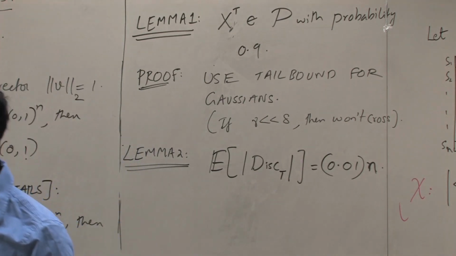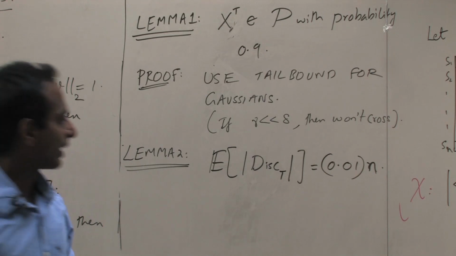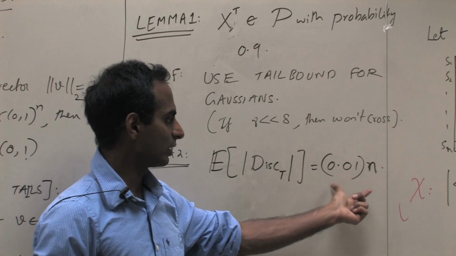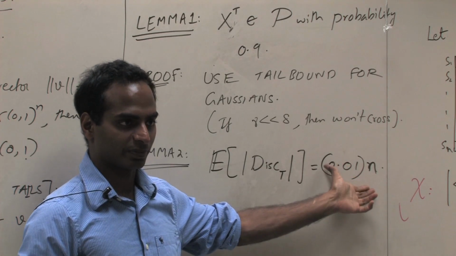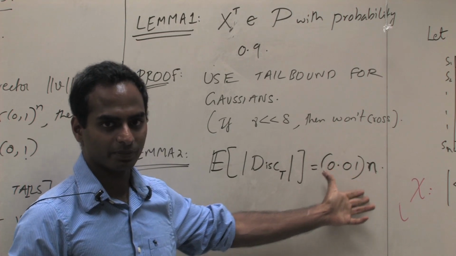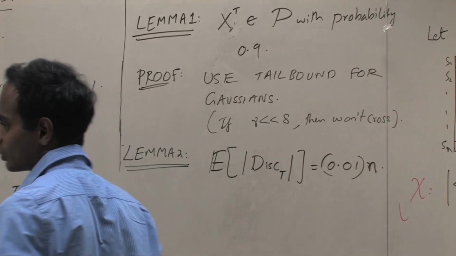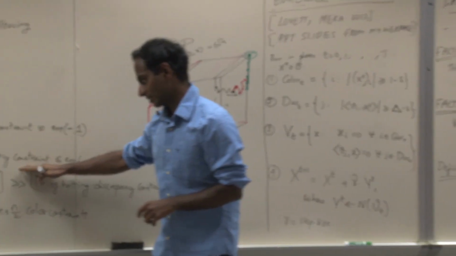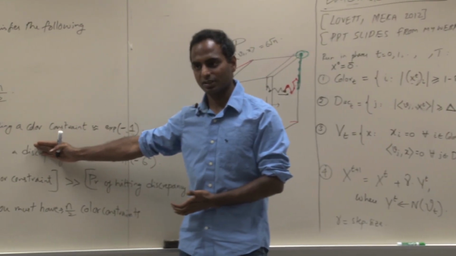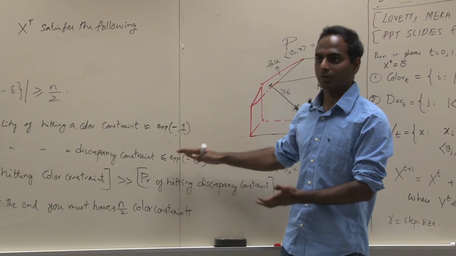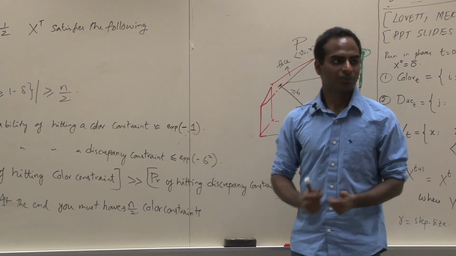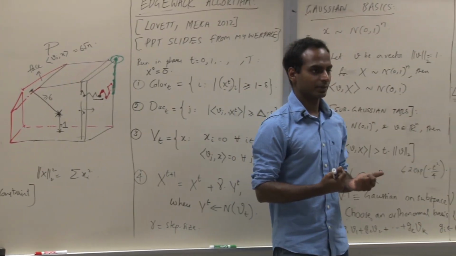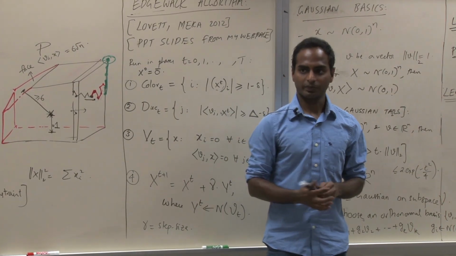Okay, so by definition, this is what discrepancy T is. And I'm saying that the number of discrepancy constraints that are nearly violated is very small. It's 0.01 times n. Okay, and this goes back to the claim here that the probability of satisfying a single discrepancy constraint is tiny. It's exponential in minus 6 squared. And if there are n of these things, you can just sum up across the different probabilities, right? It's just a union bound.